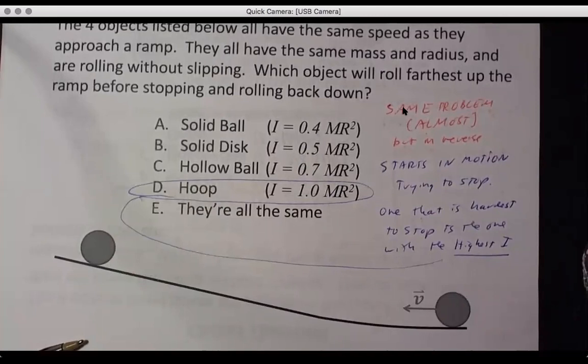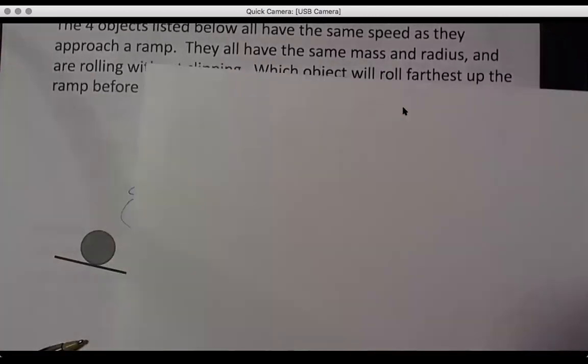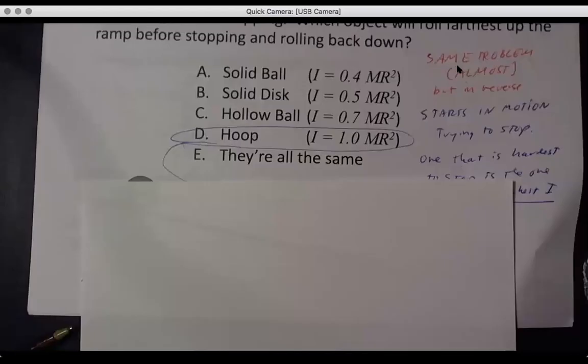Okay, at this point, I want to remind you of something that was in the lecture. Where's our focus gone? Okay, got us back.